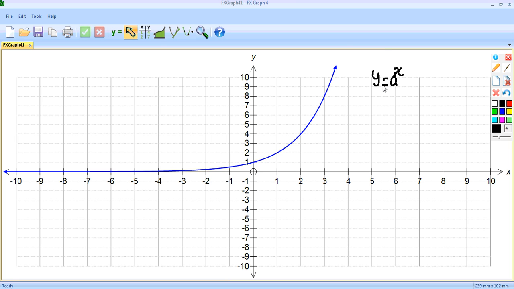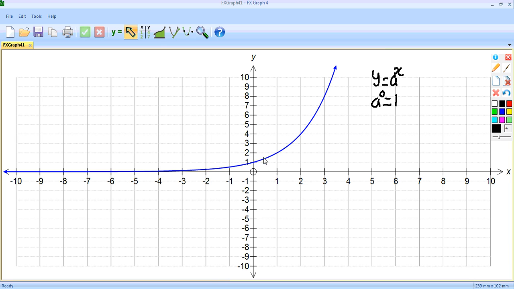Now what I want you to look at is the fact that we always go through (0, 1), because anything to the power of 0, any number to the power of 0, always equals 1. So it will always cross here at (0, 1).